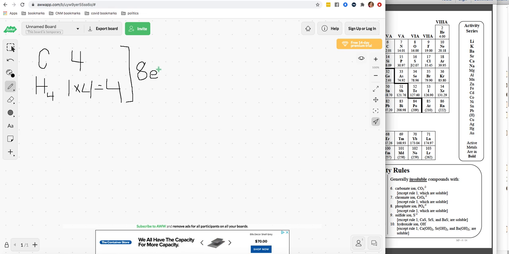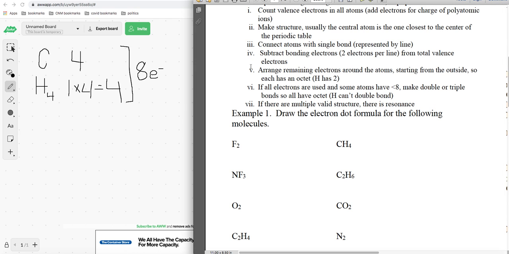electrons available in CH4. And now we need a starting point for what the structure looks like. In the instructions here, it says make the structure, usually the central atom is the one closest to the center of the periodic table. I've got a couple other tips for you.